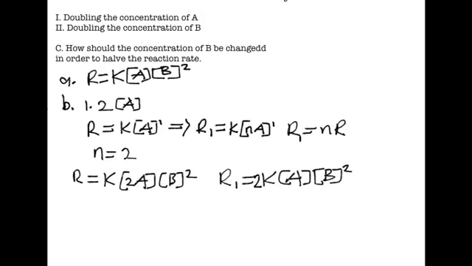Let's divide this R1 by the initial rate which we have written in (a). So we will now have R1 divided by R.